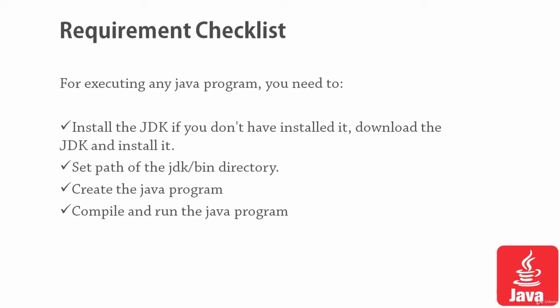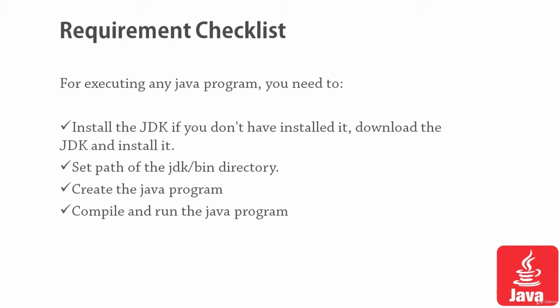Then after we are done with setting the path variable and installing the JDK or JRE, we have to write our Java programs. After we have written the program, we have to save it with the .java extension, and compile and run it.